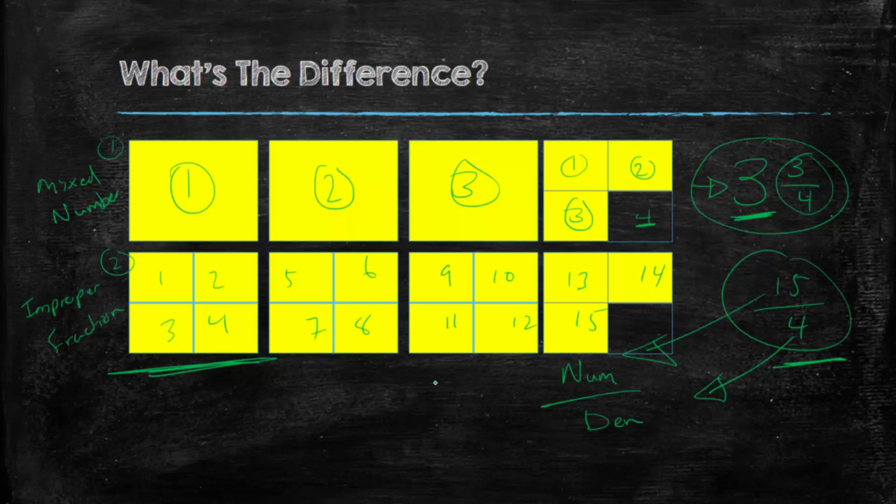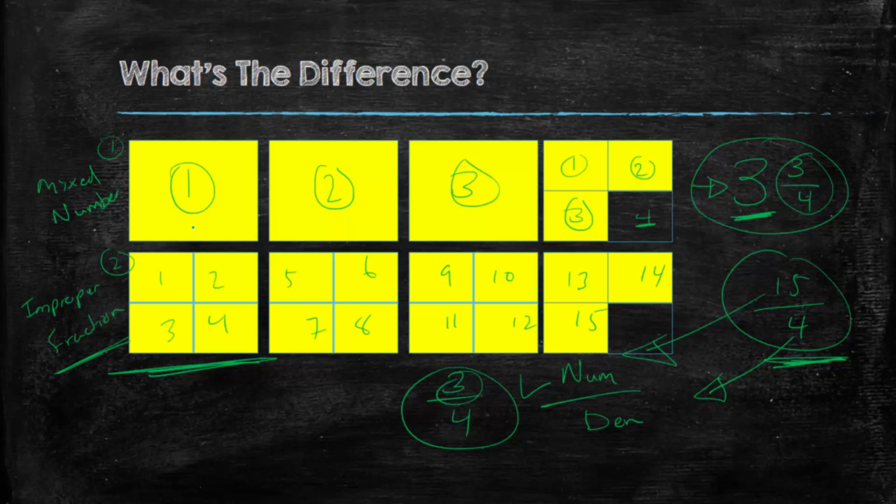As you know, the numerator usually has to be smaller than the denominator. So let's say 3/4. That is a proper fraction. If the numerator, as in this case, is larger than the denominator, that's still a fraction, but we call it an improper fraction because it doesn't take the form where the numerator is smaller than the denominator. It's not wrong or anything, we just call it an improper fraction.